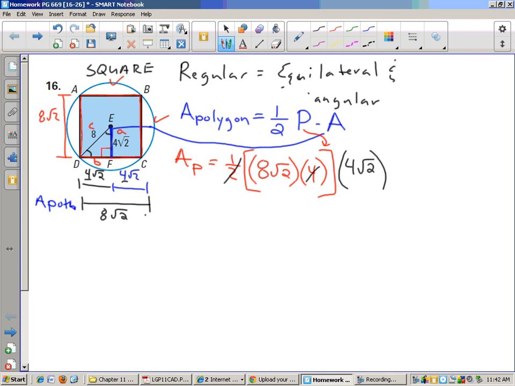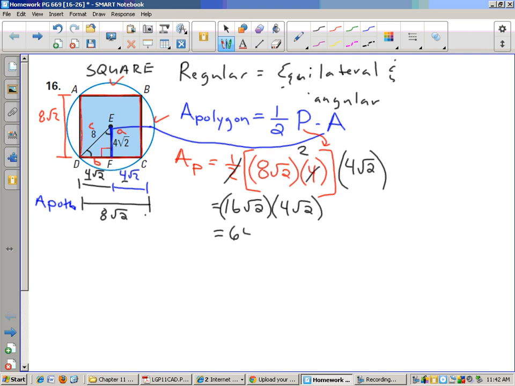So half and 4 is going to leave me what? 2. So now I can do 8 root 2 times 4 root 2. And I can do that in any order, so I'll do 8 root 2 times 2. And that's going to be 16 root 2s times 4 root 2s.